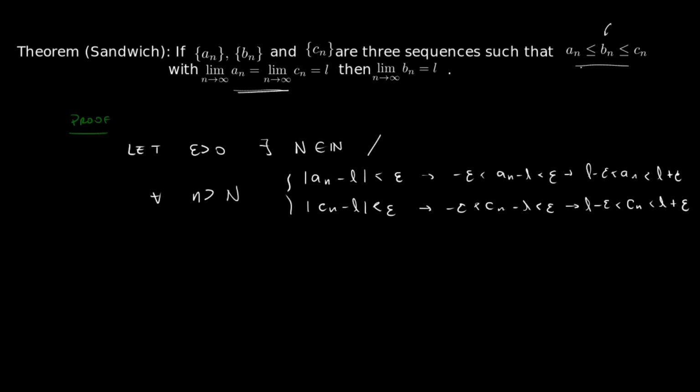Now we also know that a sub n is smaller than b sub n and smaller than c sub n. So now here we have that L minus epsilon is smaller than a sub n. And here we know that C sub n is smaller than L plus epsilon.